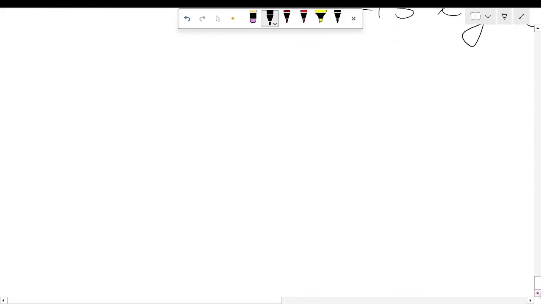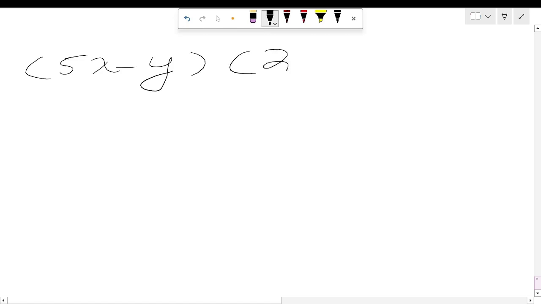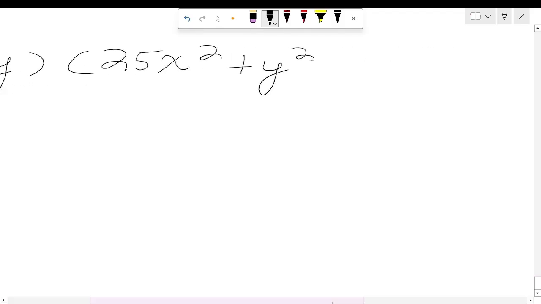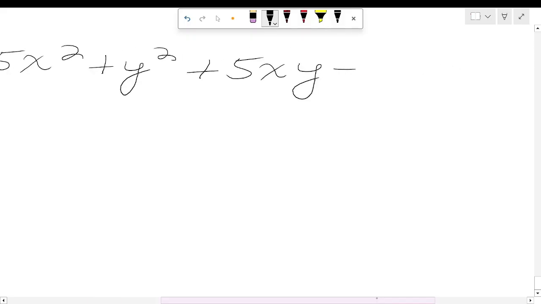Now what will I do next? I'll just write here 5x minus y. I took it as a common value. And then I'll write 25x square being added with y square. After that, I'll add 5xy and subtract it with negative 15xy and close the parenthesis.